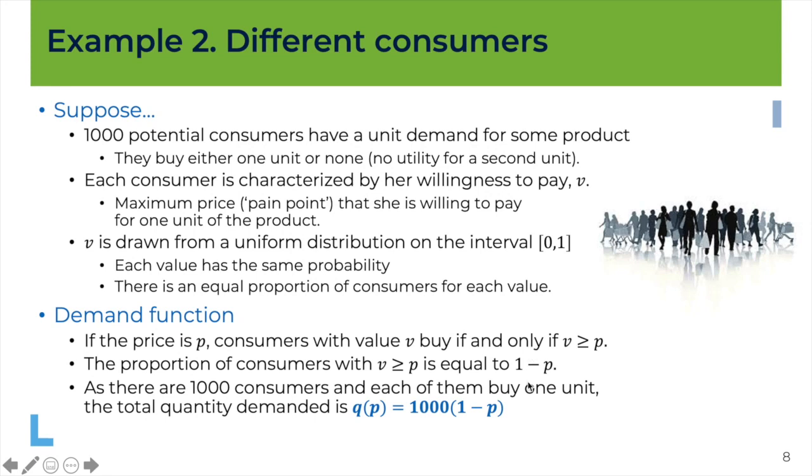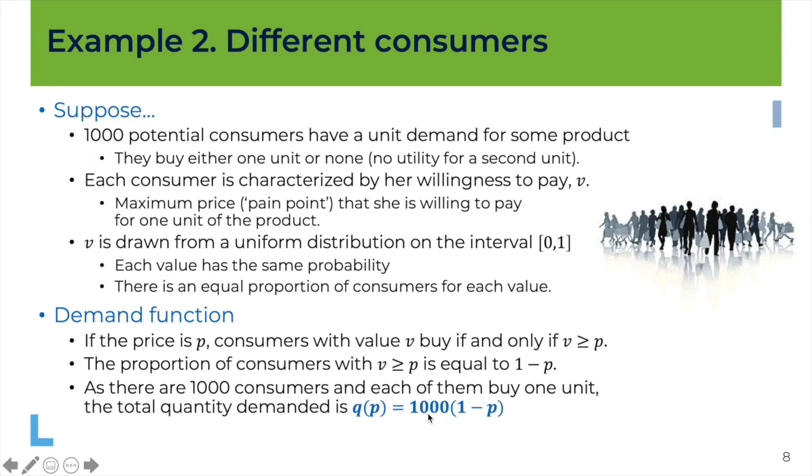Now this proportion has to be multiplied by the total number of consumers, so 1,000 times (1 minus P) gives you the total demand Q for a given price P, and this is a linear function. The slope, the derivative with respect to P, is a constant, right?